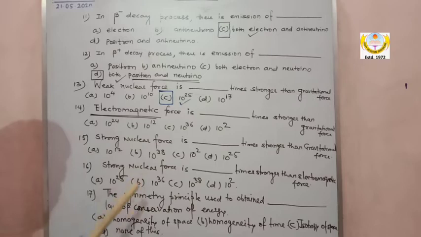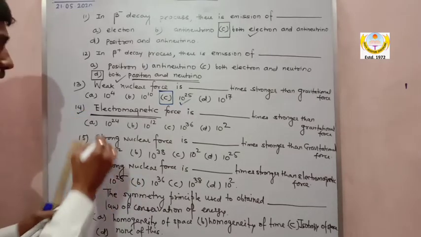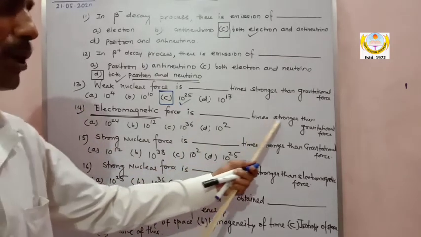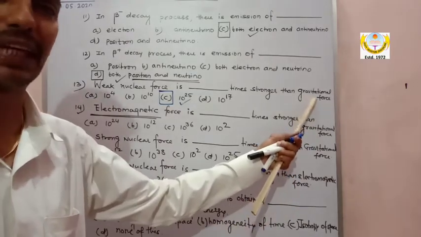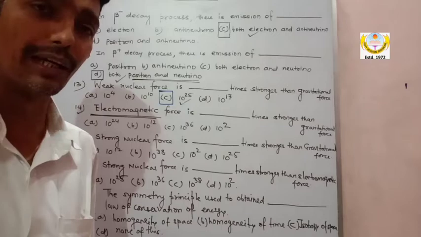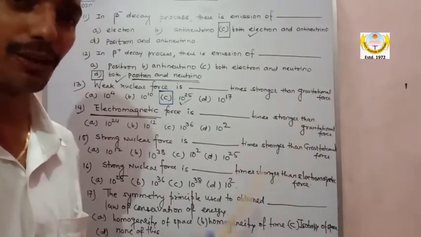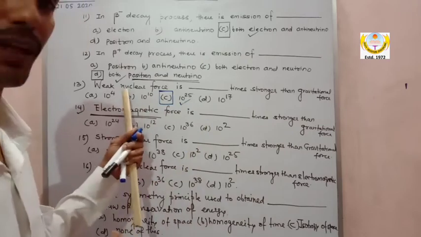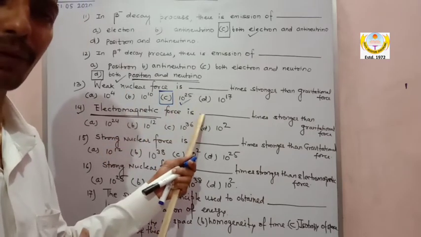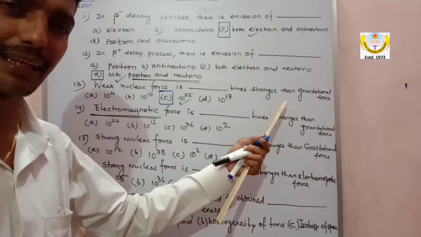Now next, you all know the electromagnetic force is dash times stronger than the gravitational force. You all know that the gravitational force is the weakest force. It is long range and therefore it is weakest. So all the rest of the forces are stronger than gravitational. Weak nuclear force is 10 power 25 times stronger than gravitational.